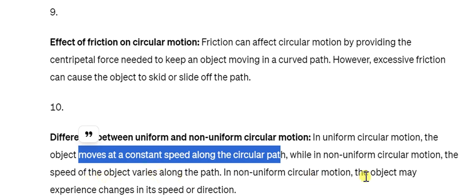In non-uniform motion, the object may experience changes in its speed or direction. So remember that in non-uniform circular motion, the object can experience changes in its speed or direction, meaning the speed and direction both can be changed.